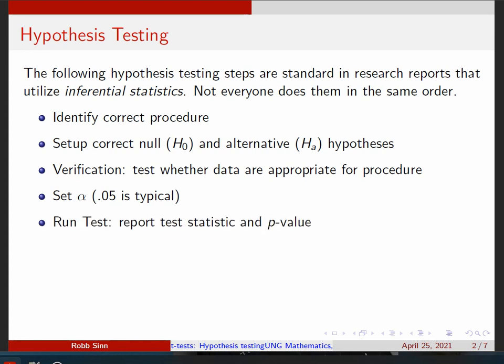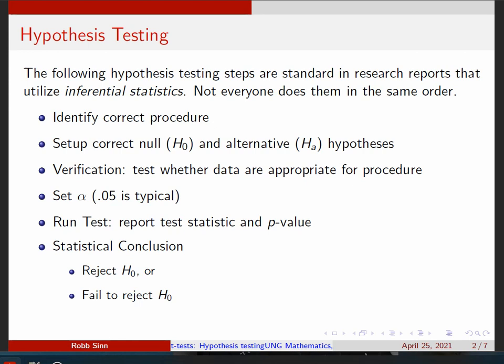The next step is where we run the test, and we need 2 things, a test statistic and a p-value. Then we conclude and write down our statistical conclusion, which is either reject the null hypothesis, when p is smaller than alpha, or fail to reject the null, when p is greater than alpha.